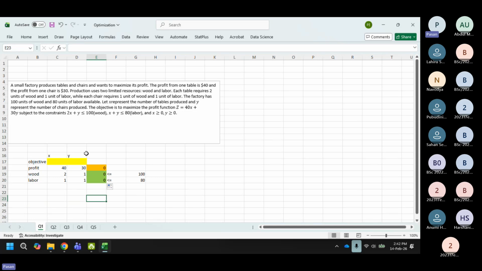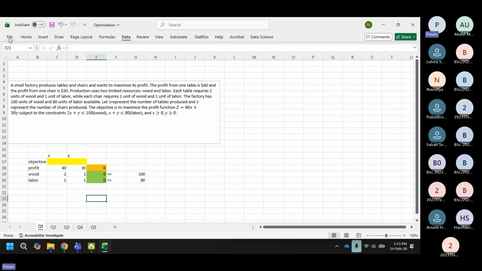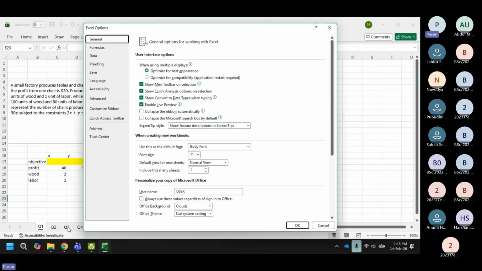So now once I define all these cells like that, then I can use this solver package. We can go to this data tab, and you have this solver here. Now it may not be available directly, right? So you can get it in by using the file and options here. Once you go to the Excel options, you can see the add-ins here.